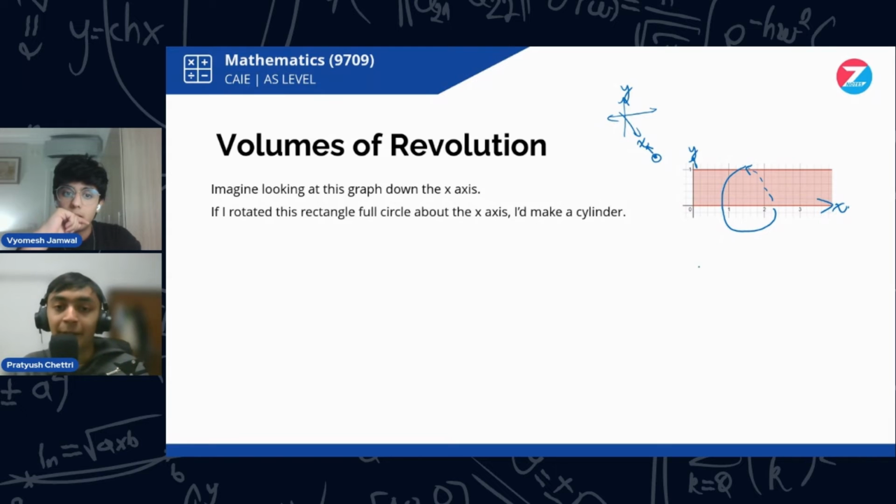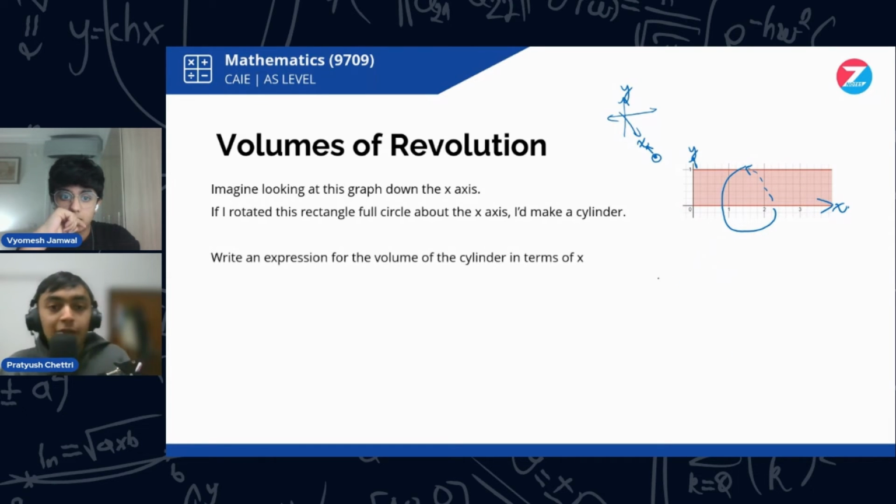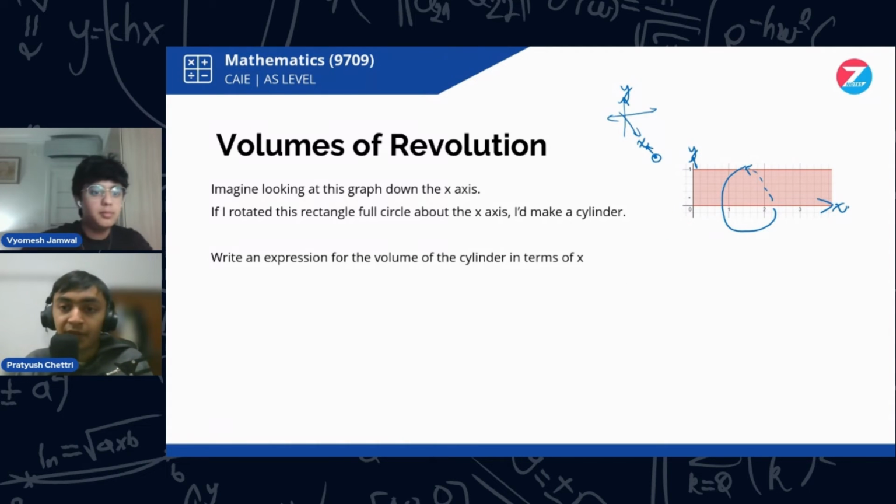I'd make a cylinder. You probably guessed as much. Write down an expression for the volume of the cylinder. Simple enough, isn't it? It has radius 1.